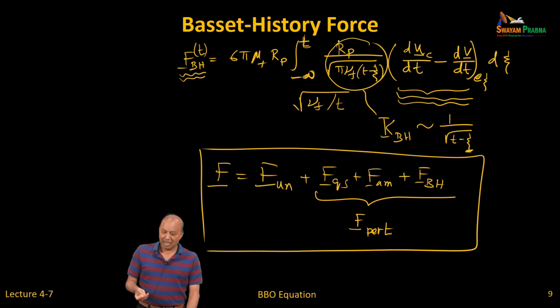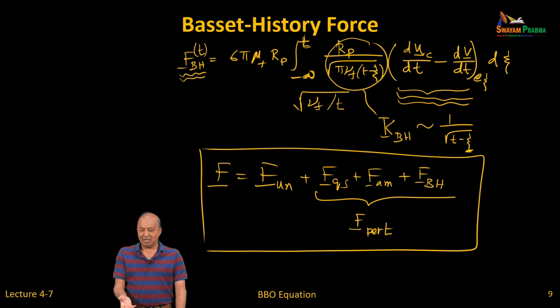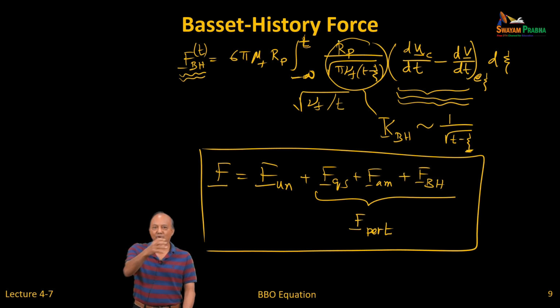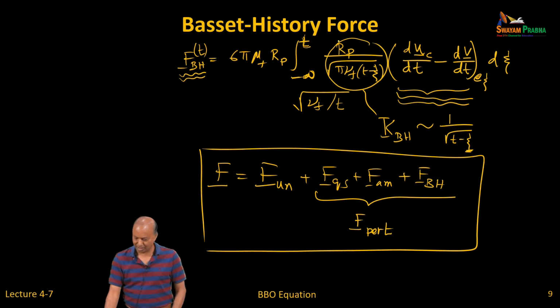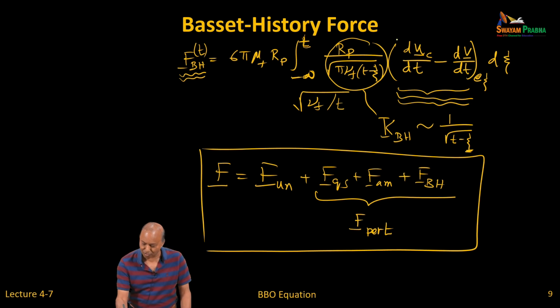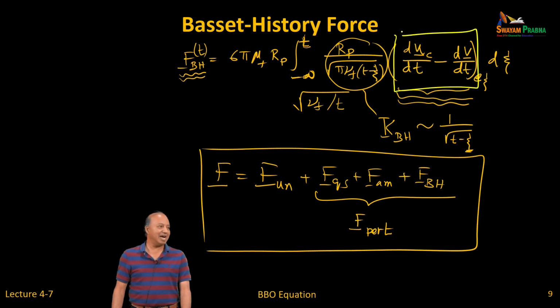Now, the same thing happens. It's a little more complicated, but this is due to the fact that when you accelerate a particle relative to the fluid, again you have the same thing, relative acceleration. Now again you have to apply additional force because fluid is being dragged with the accelerating particle.